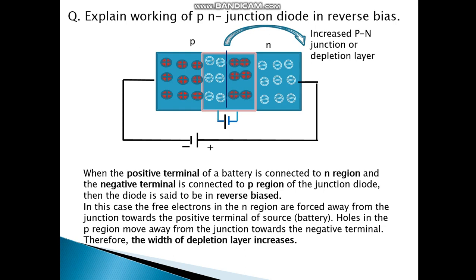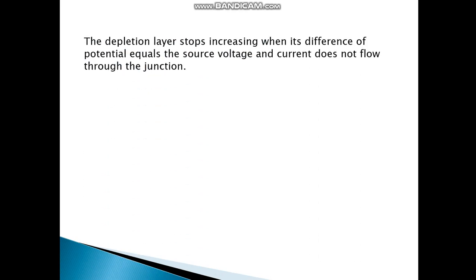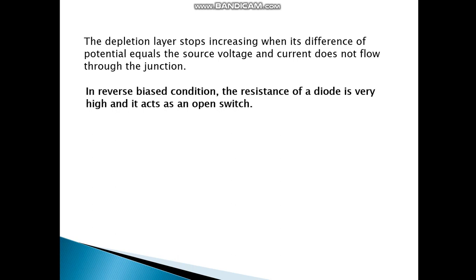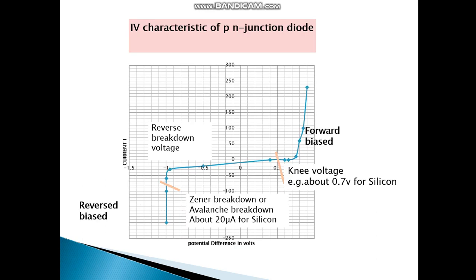Therefore, the width of the depletion layer increases. The depletion layer stops increasing when its difference of potential equals the source voltage, and the current does not flow through the junction. In reverse bias condition, the resistance of a diode is very high and it acts as an open switch. In practice, a very small current due to minority carriers is produced by the thermal energy.